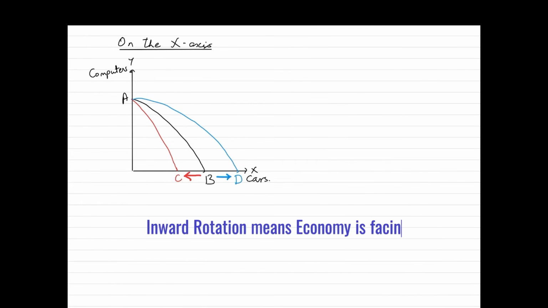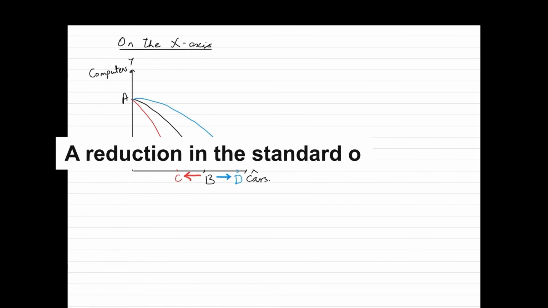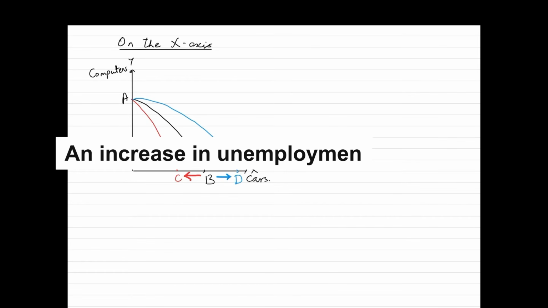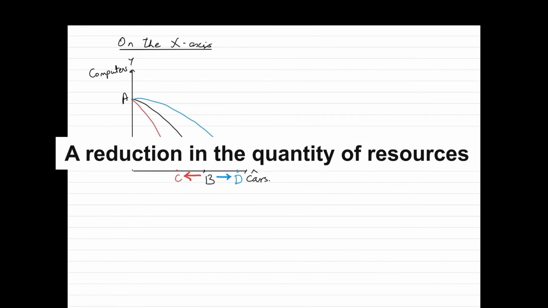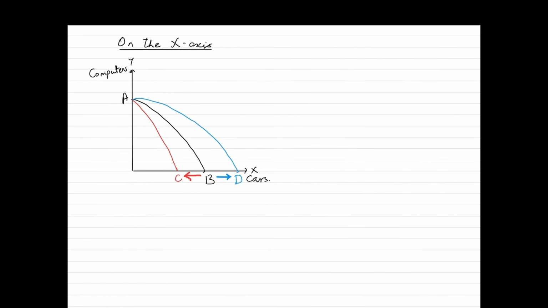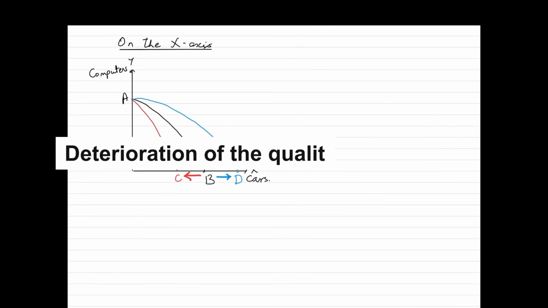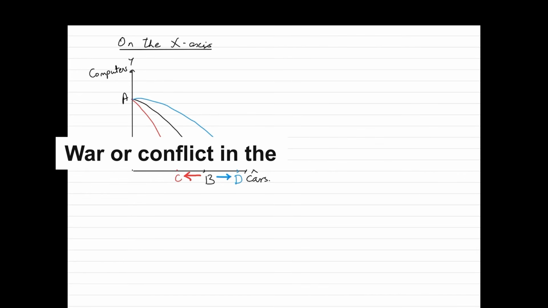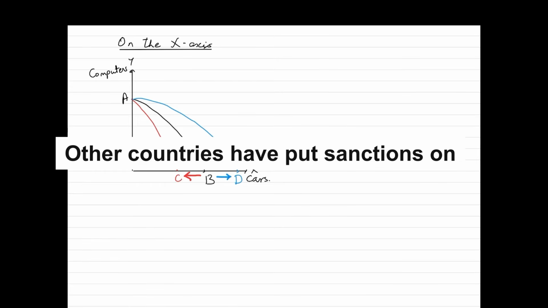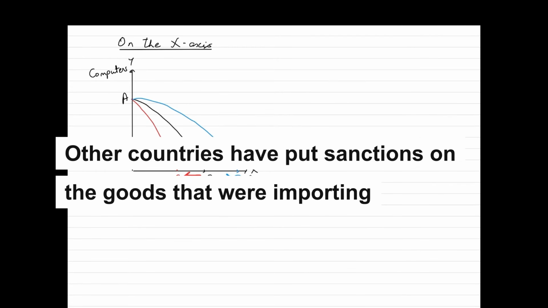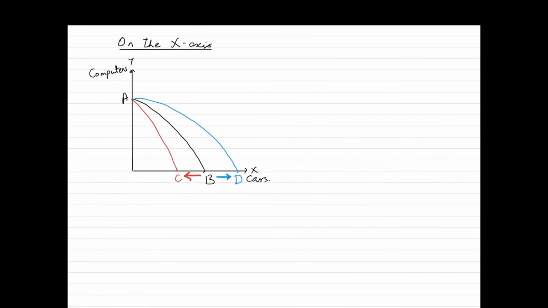It could be caused due to various factors such as a reduction in the standard of living, an increase in unemployment, a reduction in the quantity of resources, deterioration of quality of resources, maybe there's war or conflict in the economy, maybe other countries have put sanctions on goods that we were importing, and because of which the country is not able to produce enough cars, right?